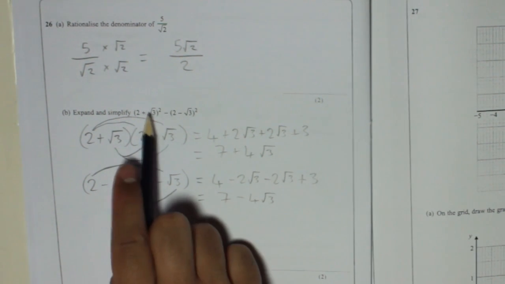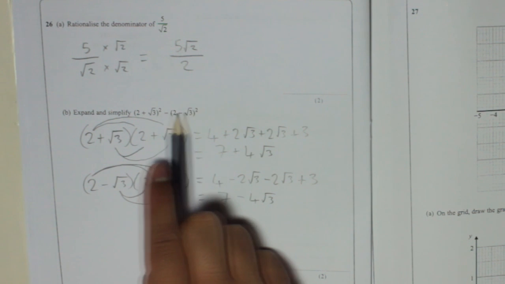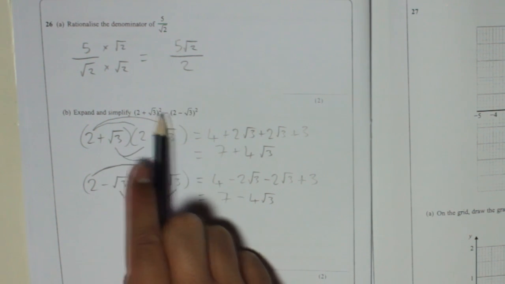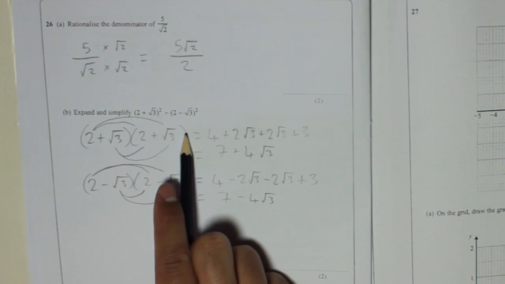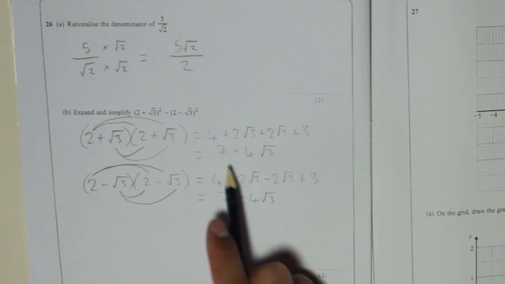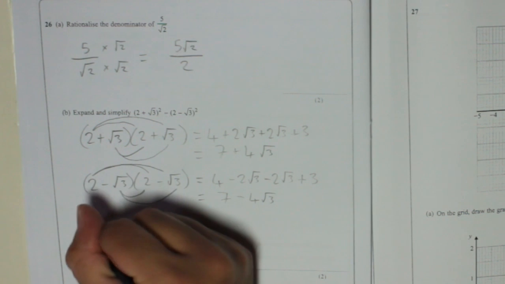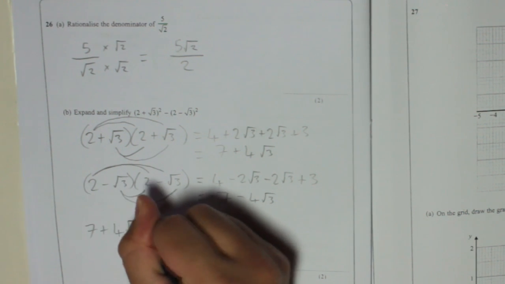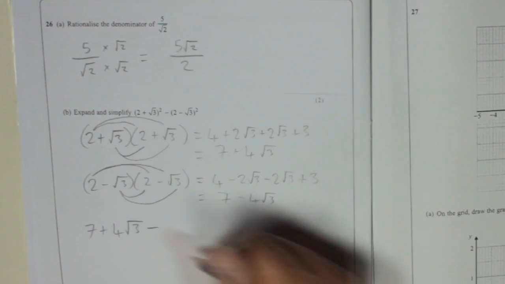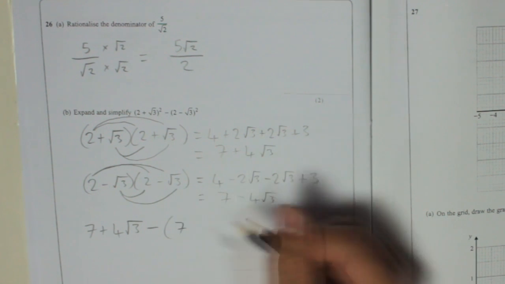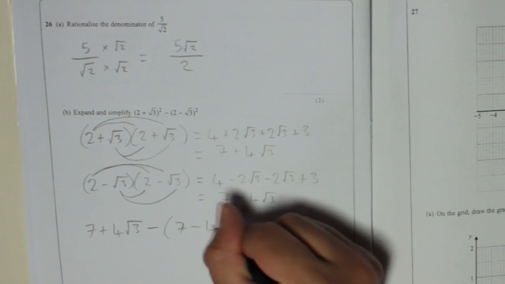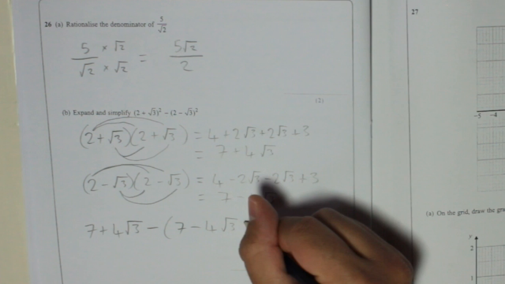So, because the original expression was this part, take away this part, so that bit, take away all of that, I'll write down the first part, which was 7 plus 4 root 3, and that is take away all of that, so I'm going to put it in brackets, 7 minus 4 root 3.